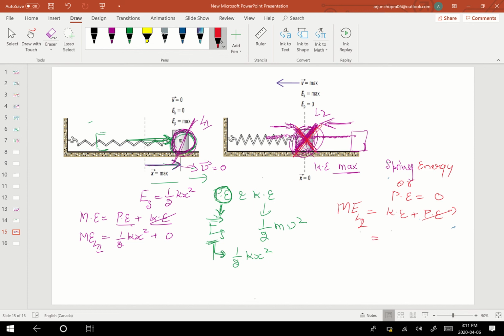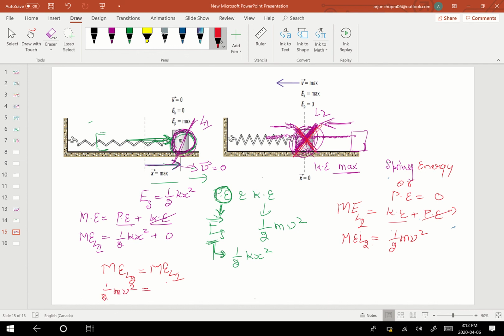So this is equal to kinetic energy, which is half mv square, equal to ME at L2. So let's assume this is an isolated system. In case of an isolated system, I can say ME at location 2 is equal to ME at location 1.